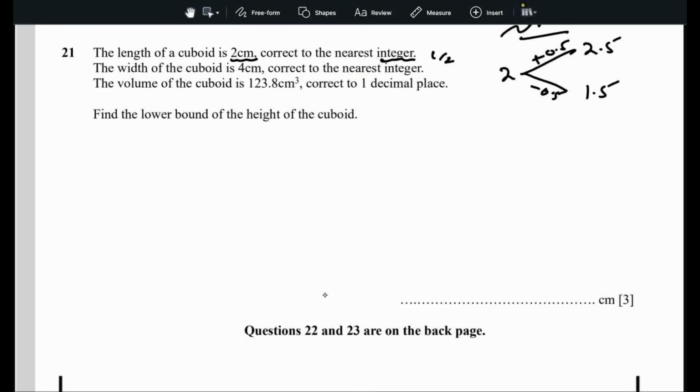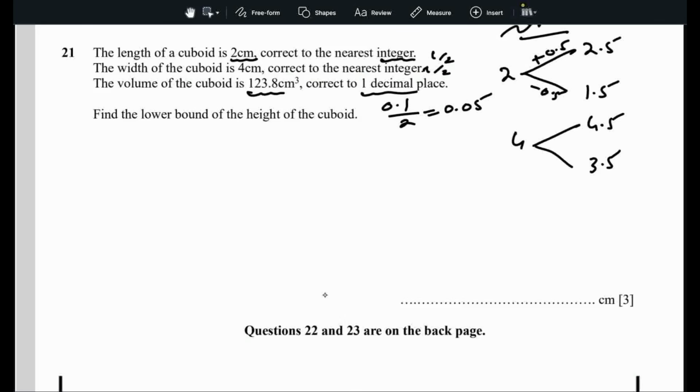The width of the cuboid is 4 centimeters, correct to the nearest integer. So again 1 by 2, the upper bound will be 4.5 and the lower bound will be 3.5. The volume of the cuboid is 123.8, correct to one decimal place. Correct to one decimal place means 0.1 divided by 2, which means 0.05.